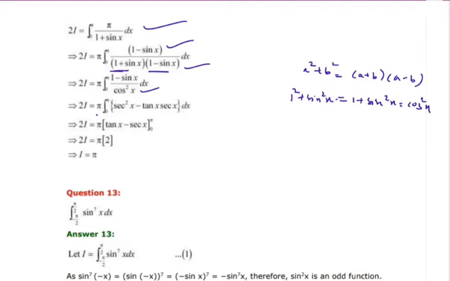So 2I, pi as it is, taking the denominator separately, 2I equals pi times integral of 1 by cos square x minus sin x by cos square x dx. So 1 by cos square x is sec square x, minus sin x by cos x, which is tan x, times one more 1 by cos x, which is sec x.